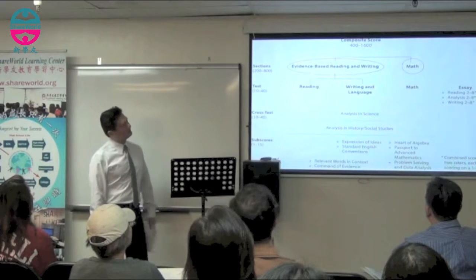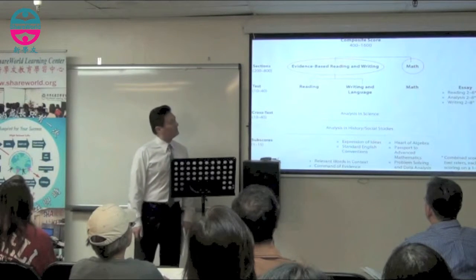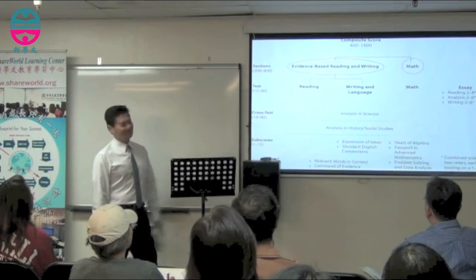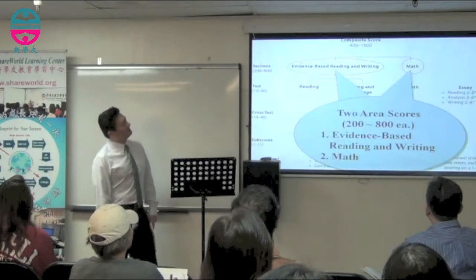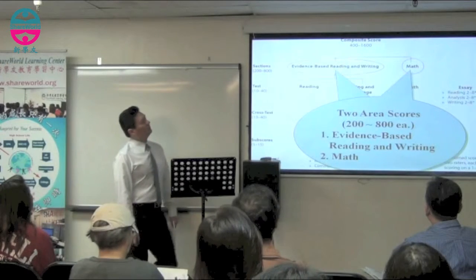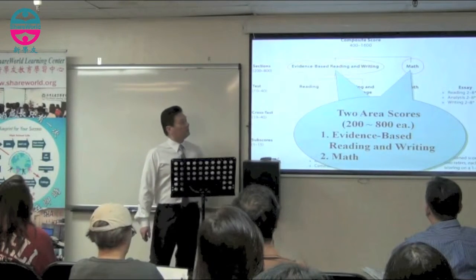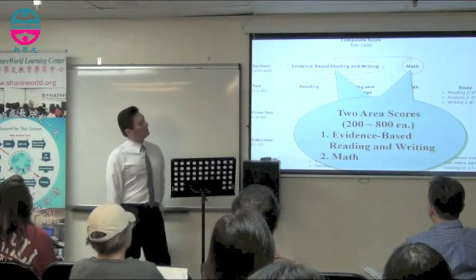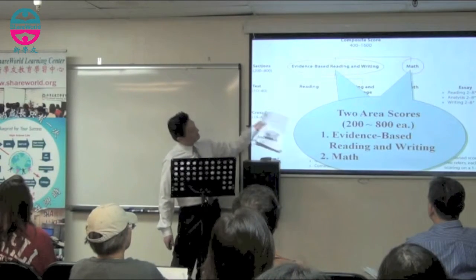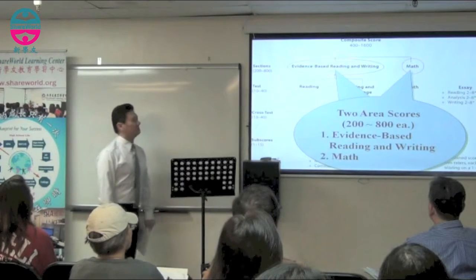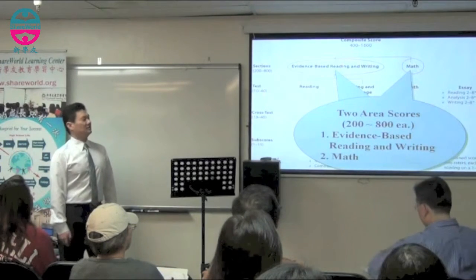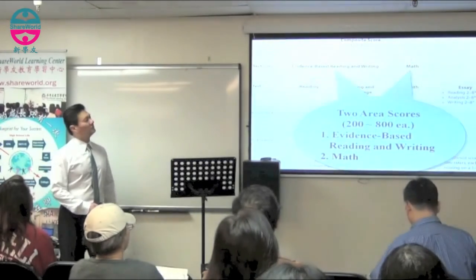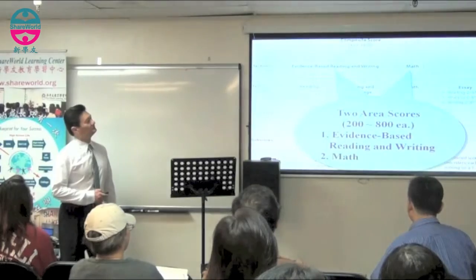They don't call it English, they call it evidence-based reading and writing. Sounds so good, right? Math is simple, just math. Each section gets 200 to 800. Because this is kind of small, I enlarged it: evidence-based reading and writing, and the math part. This is just the total number, that's all the parents care about.